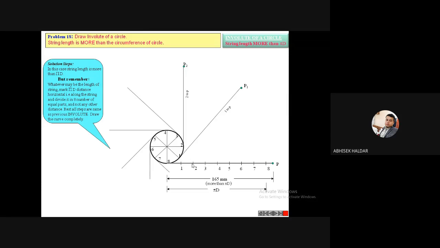Second one, similarly, 2 to P. From 2, I will cut this P2. Similarly, 3 to P, from point 3 I will get P3. 4 to P, that means I will take this 4 to P in my compass. P4 is the locus point. 5 to P, 6 to P, 7 to P, and what will I do for 8 to P?